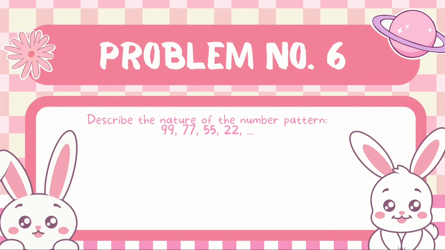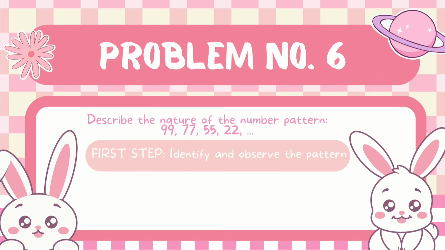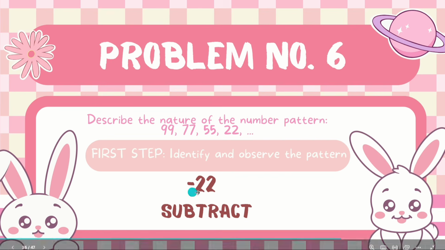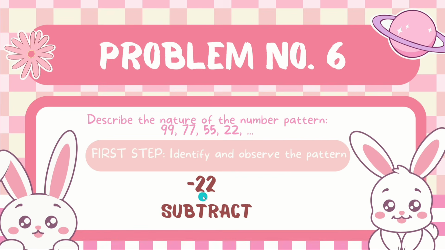Describe the nature of the number pattern 99, 77, 55, and 33. So what will be the pattern of these numbers? First step is to identify and observe the pattern. So our possible pattern is subtract by 22.